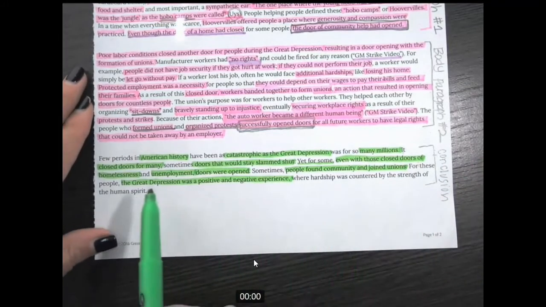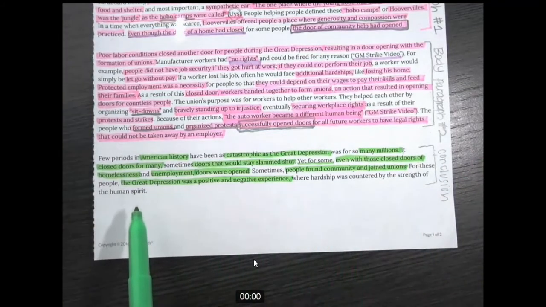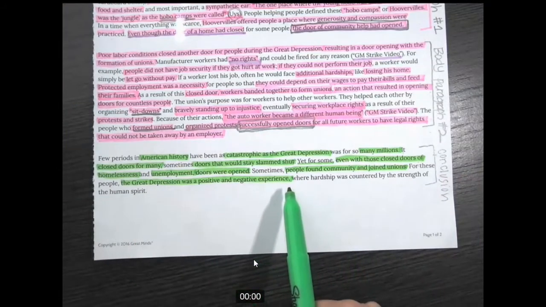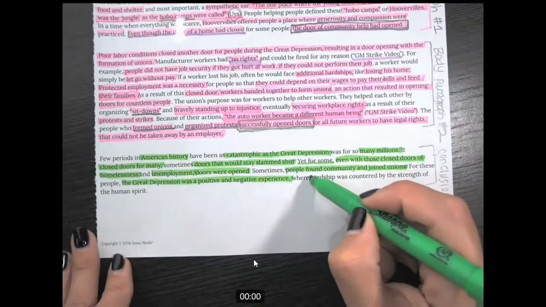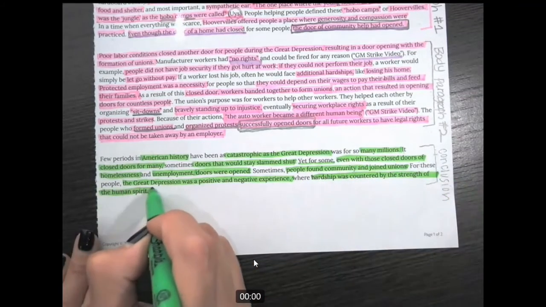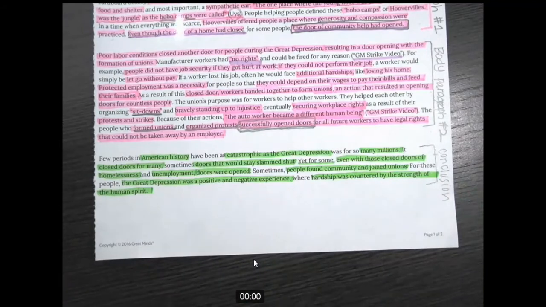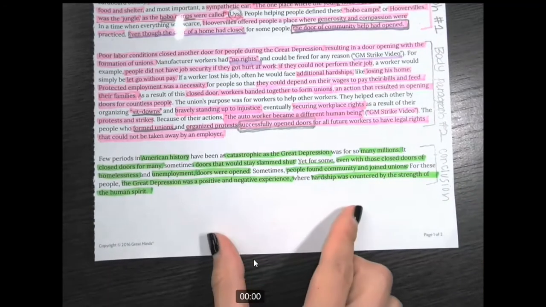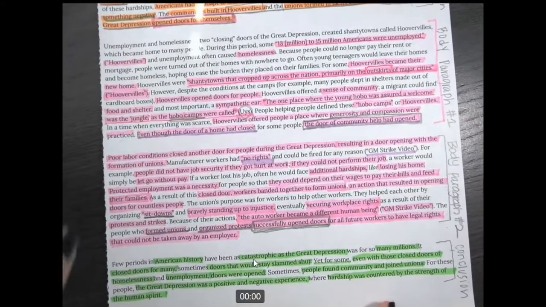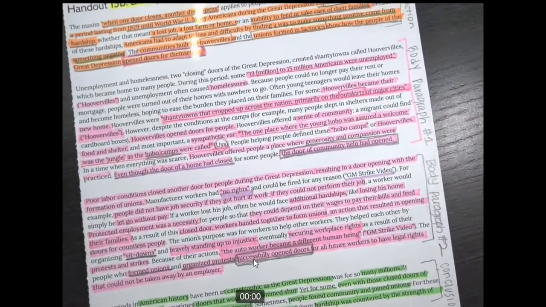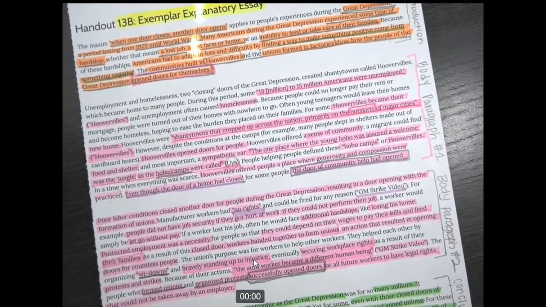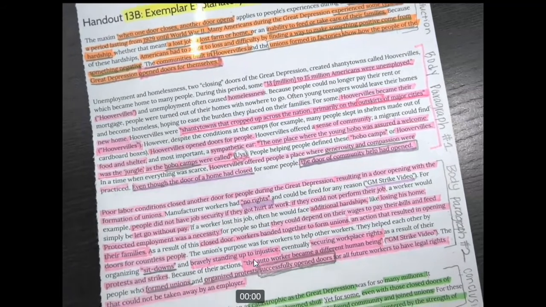And we explain how the Great Depression was a positive and negative experience for a lot of people. Hardship was countered by the strength of the human spirit. So that's how we end our essay, which is awesome because this was an essay that explained so much to us about how people expressed their hardship and what happened during this time.